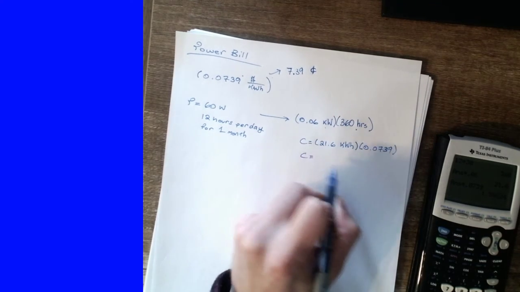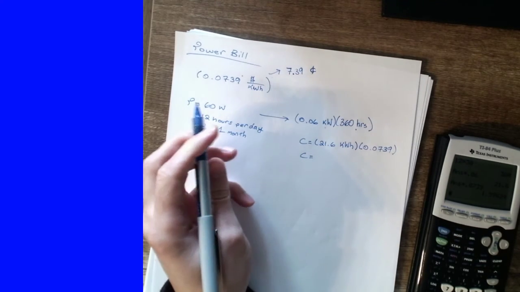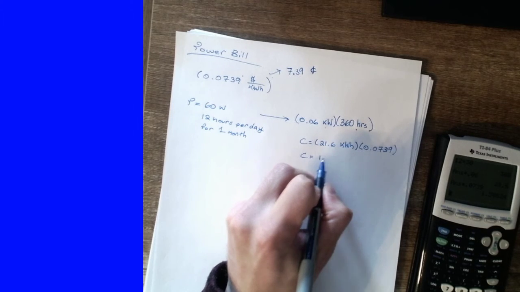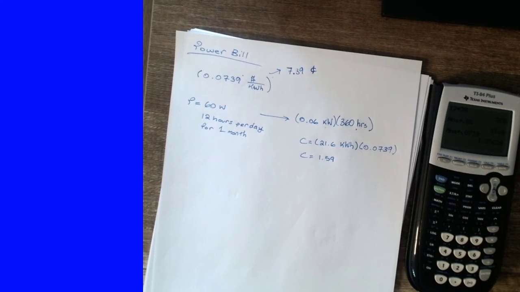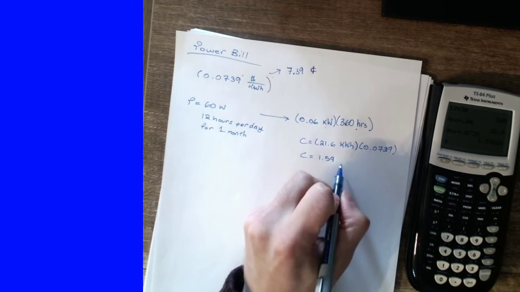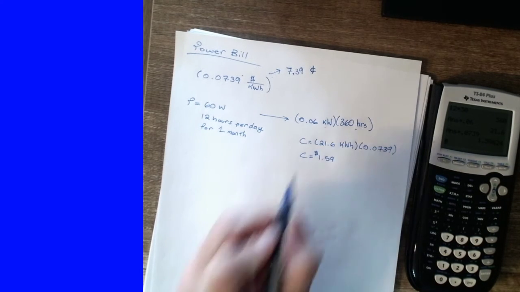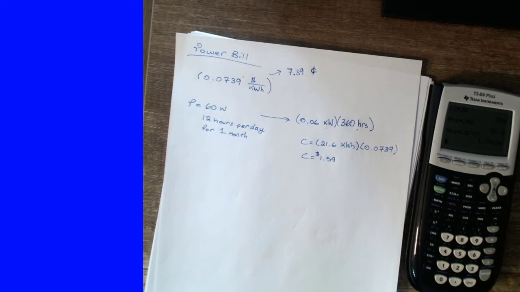The cost for that one light bulb to run 12 hours a day for a whole month is roughly $1.59. Okay, so that is kind of how we calculate the power consumption and the cost for electrical devices. Let's look at another example here.